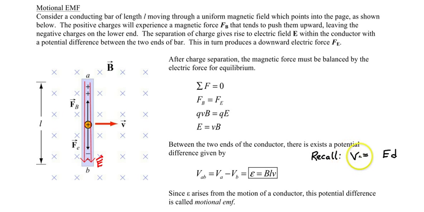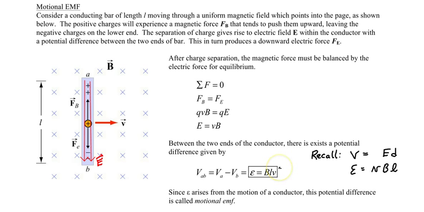Our potential difference V we call the EMF induced. The electric field we just determined as the velocity times the magnetic field, and the distance is the distance between the two ends of the bar, which is represented as L. And this is written on your formula sheet as EMF equals BLv. And this potential difference is known as the motional EMF.